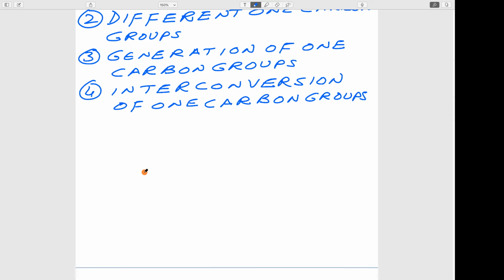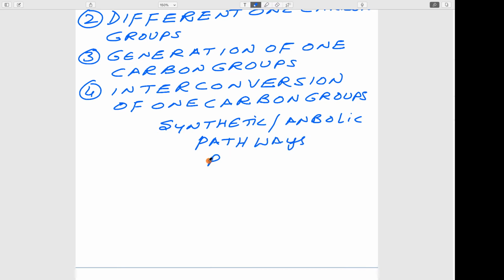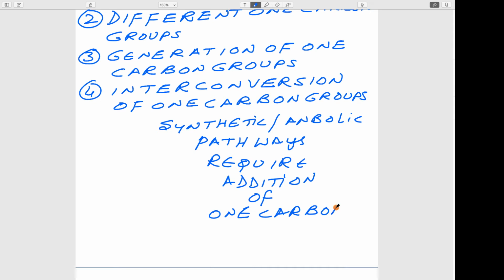When you talk about synthetic, or we can say anabolic, pathways (metabolism can be anabolic and catabolic), these pathways require addition of 1-carbon groups. One of the aspects of synthetic or anabolic pathways is that they require addition of 1-carbon groups.